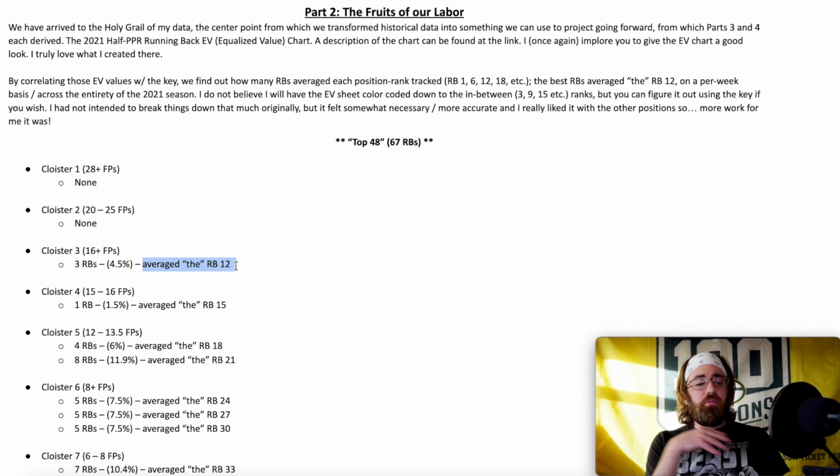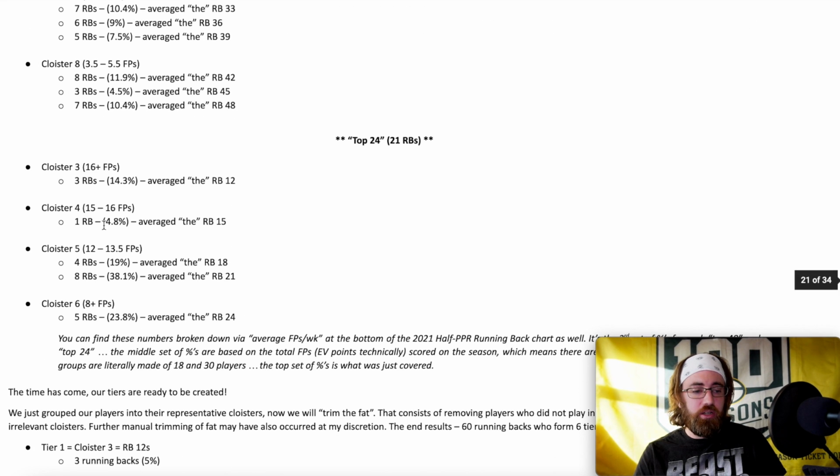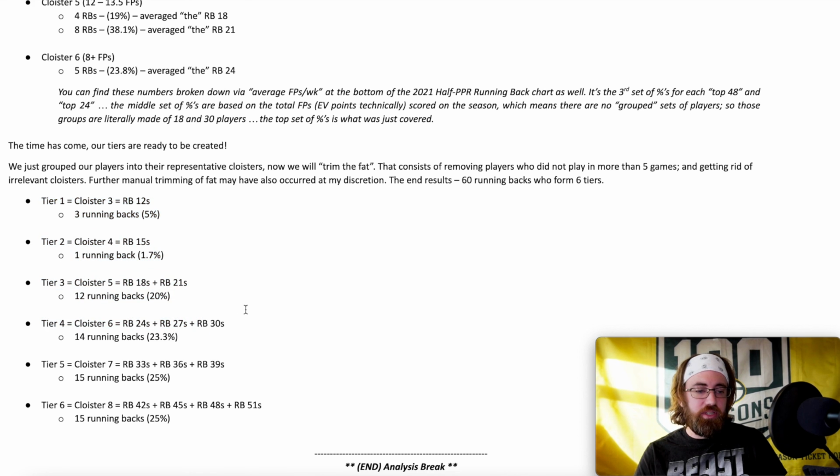So I take them and then I smash them into these cloisters, and in that process, sometimes cloisters have to be removed, and then that is when those get turned into our tiers. So we see the tier 1 for half PPR running backs is going to be roughly 3 running backs who average the RB12, but none of that matters anymore.